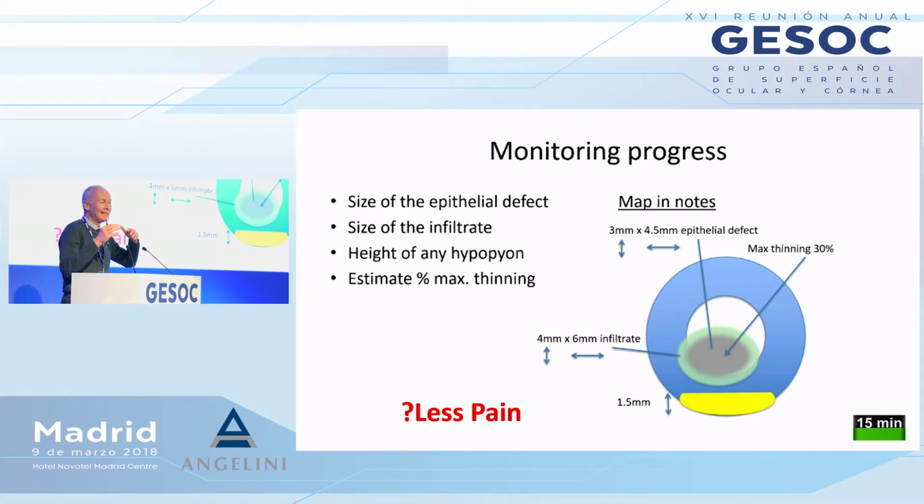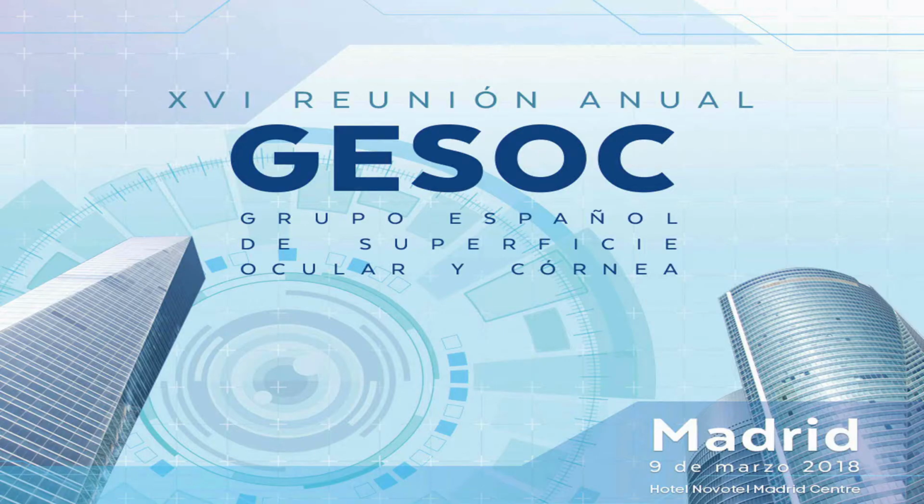If the fibrin is a large diffuse cloud, then that's what you see at presentation. But when things start to improve, the fibrin contracts, and you can see there's a sort of contracted pattern to the fibrin, another really useful sign of improvement. So pain and the pattern of the fibrin.